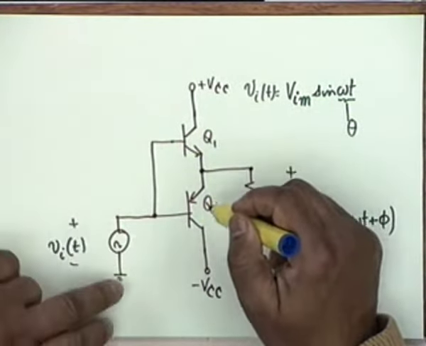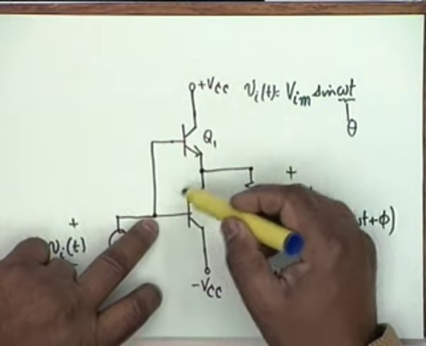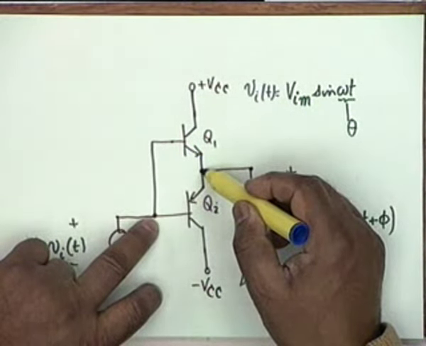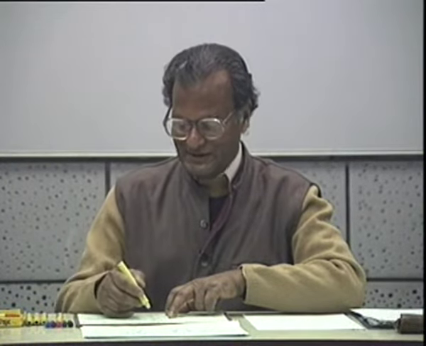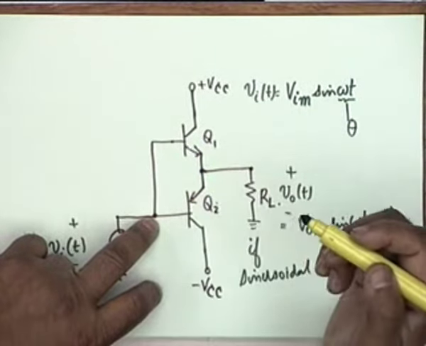And for this transistor to conduct, this voltage V_BE must be greater than... So instead of talking about V_BE, we will talk about V_EB.